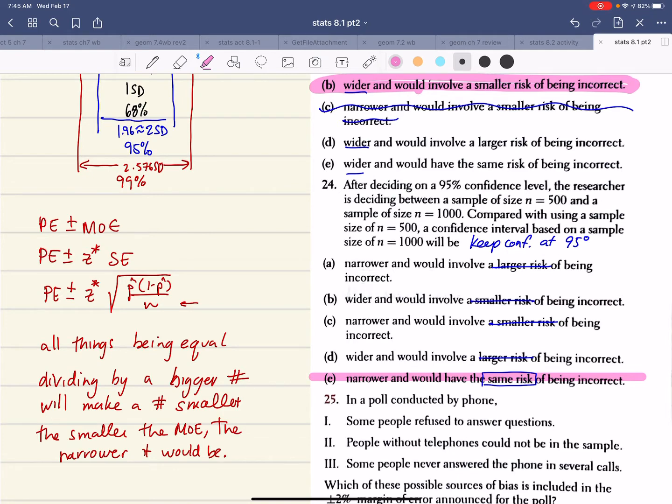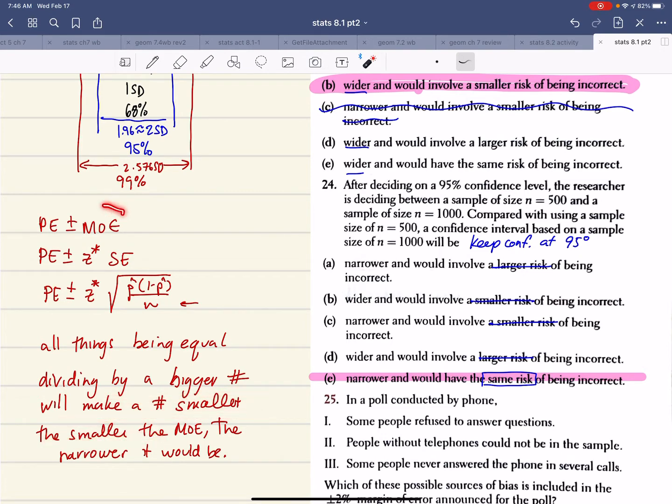So if you notice here, all things being equal, when we divide by a bigger number, so if instead of dividing by 500 here, we swapped in 1,000, all things being equal, meaning p hat's the same and z star is the same and our point estimate's the same, then whenever I divide by a bigger number, it's going to make a smaller number.